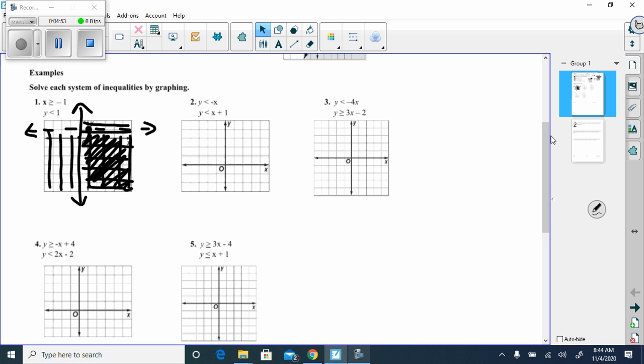So these ones actually look more like a normal equation. That first one, these are all in y equals mx plus b form, and there's no plus b, so it must start where? 0. Okay? And in front of my x, I have a negative, so which way is my slope going to slant?